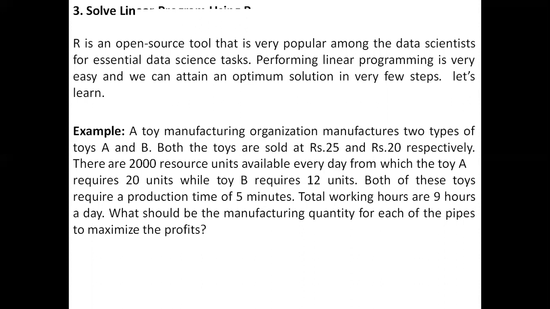There are 2000 resource units available every day, from which toy A requires 20 units while toy B requires 12 units. Both of these toys require a production time of 5 minutes. Total working hours are 9 hours a day. What should be the manufacturing quantity for each of the toys to maximize the profits?